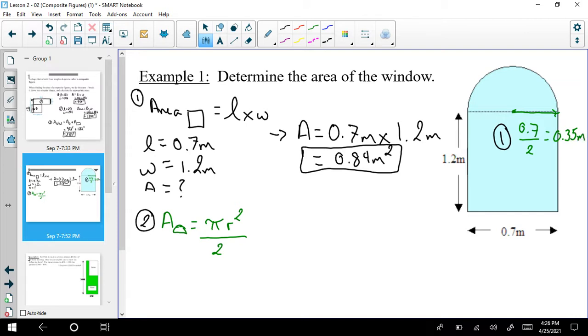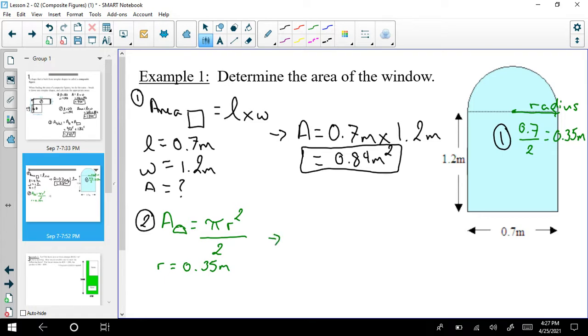So that is my radius. So I would put R equals 0.35 meters.